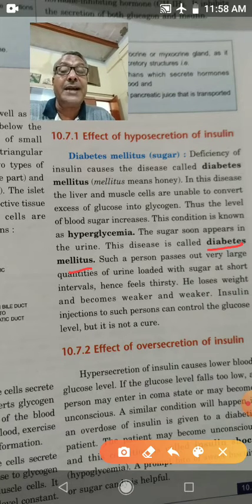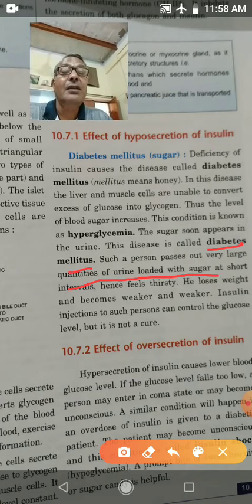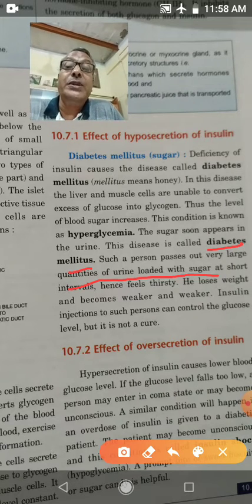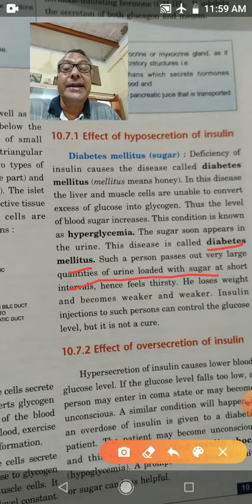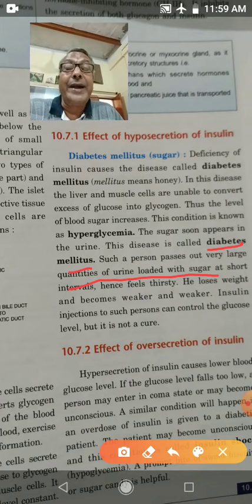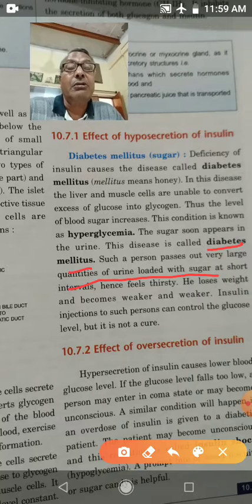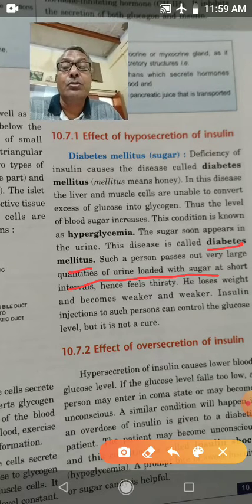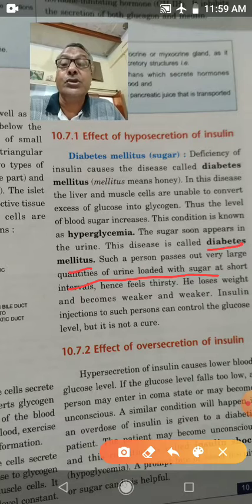Such persons pass out a very large quantity of urine loaded with sugar, meaning excess of glucose passes out from the body along with the urine. I told you, when there is insufficient secretion of insulin, the level of glucose in the blood increases. Why? Because excess of glucose is not converted into glycogen.